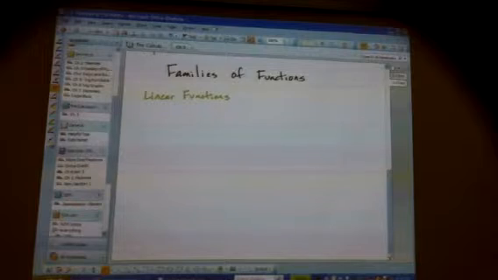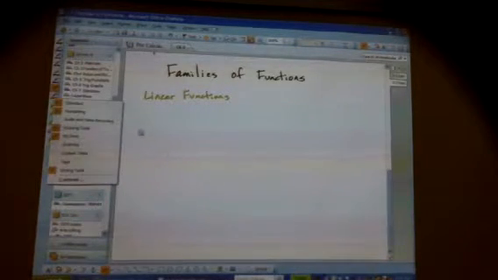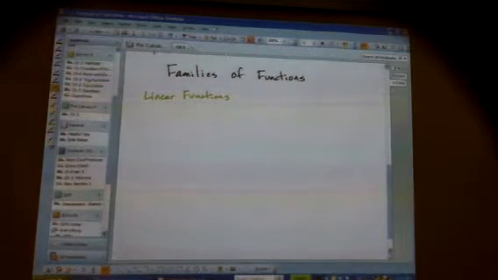And you can see the shape is what on that drawing? It's a parabola shape. And this family name is quadratic functions.